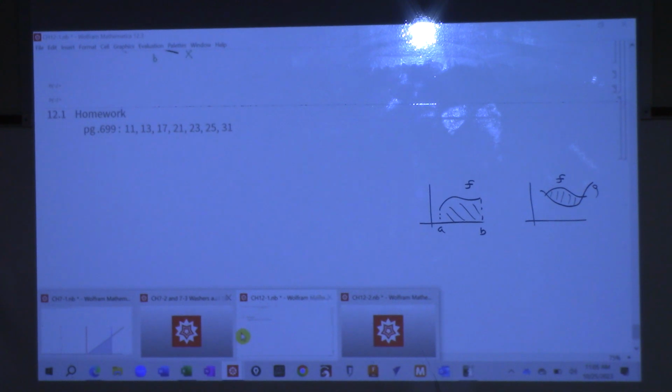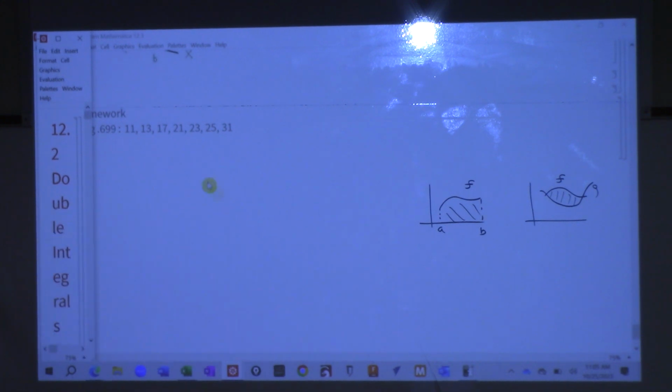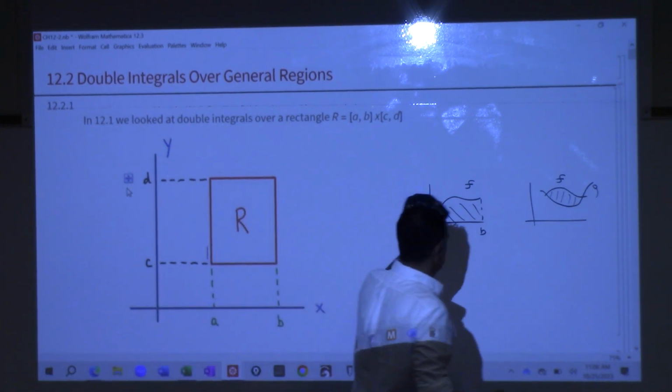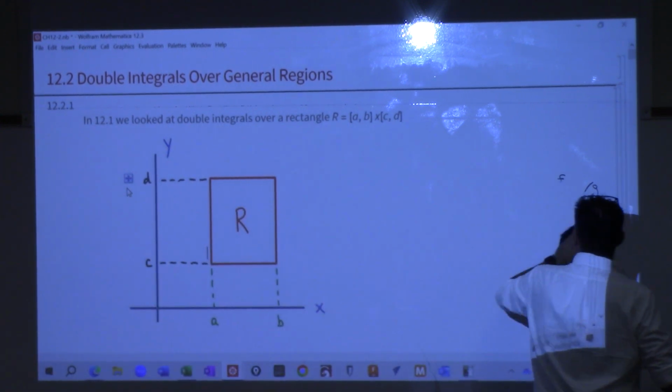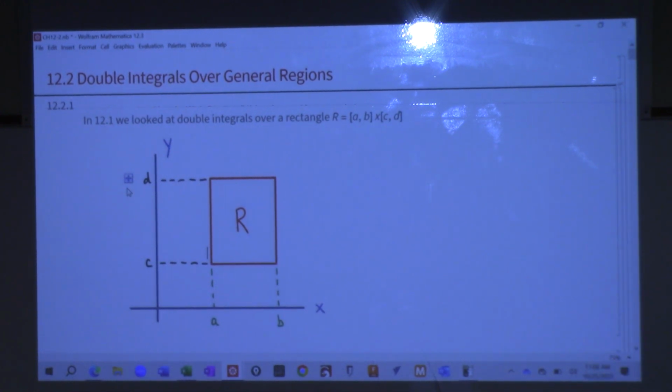So for 12.2, we are now going to find double integrals over general regions.